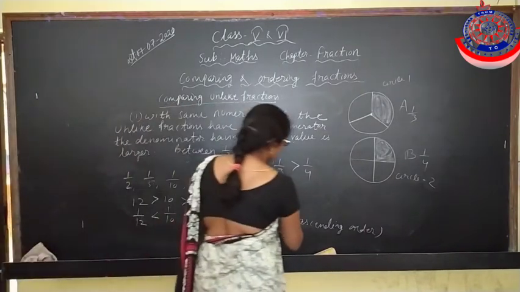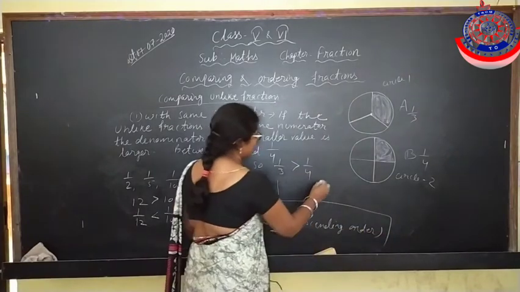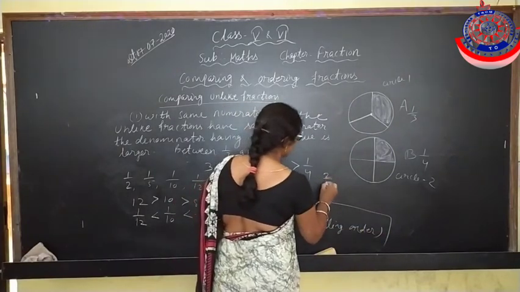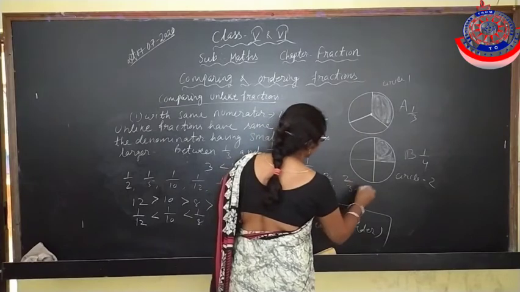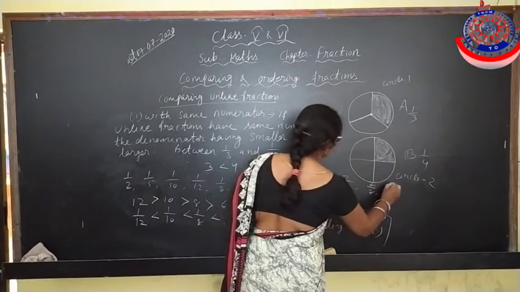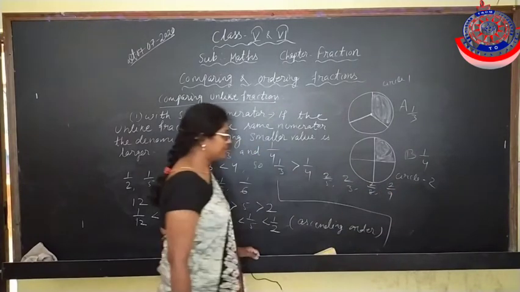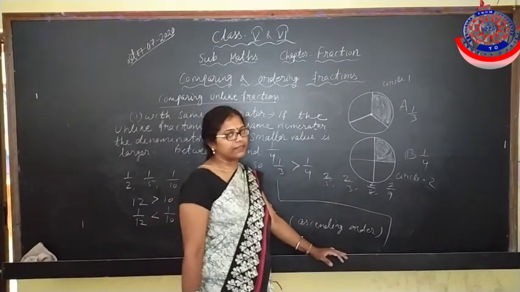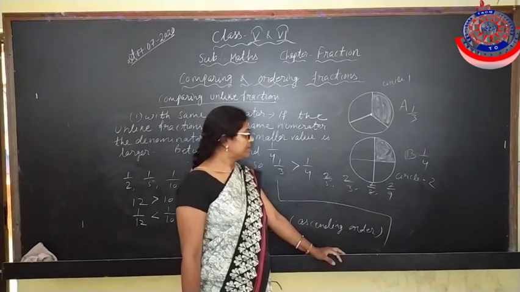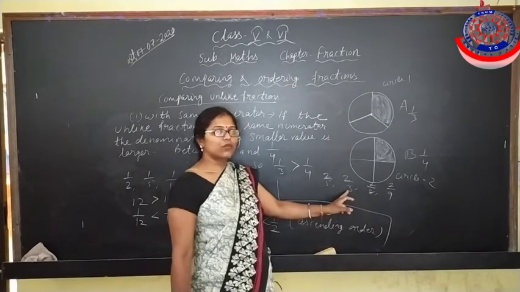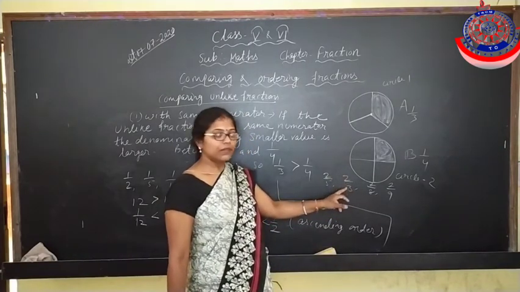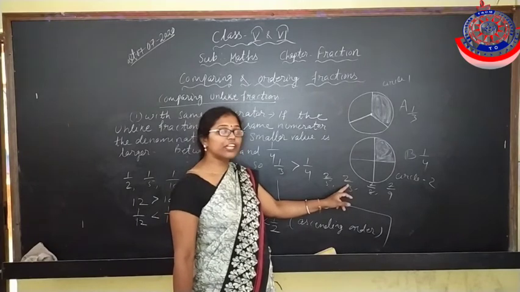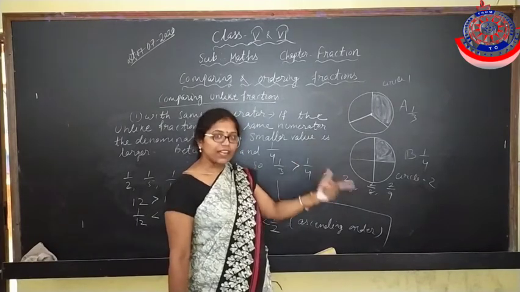Suppose we take another example. Your numbers are 2 by 5, 2 by 3, 2 by 8, 2 by 9. Now arrange them in descending order. You know the denominator having the smaller value gives the larger fraction.